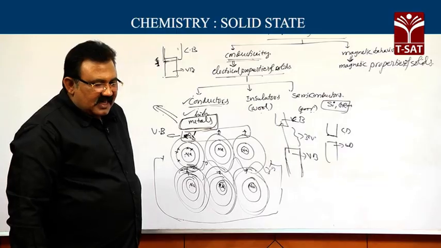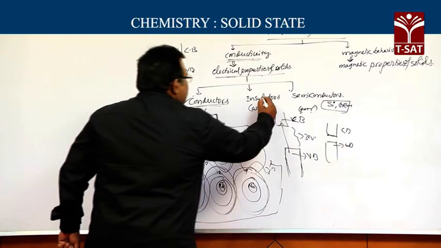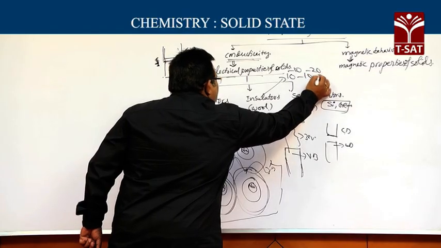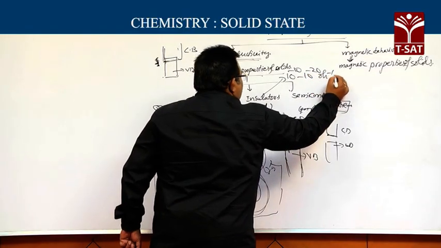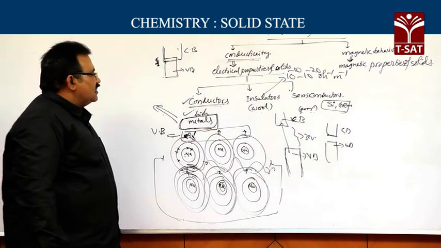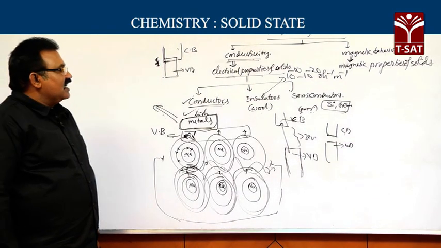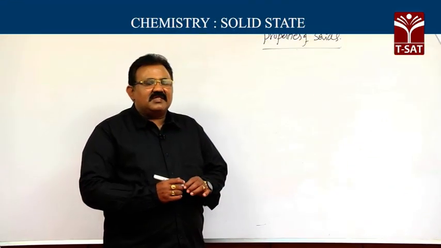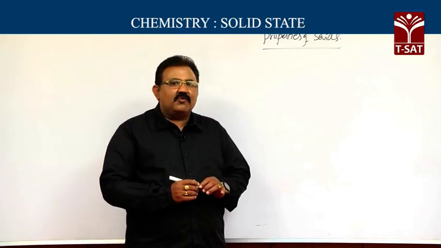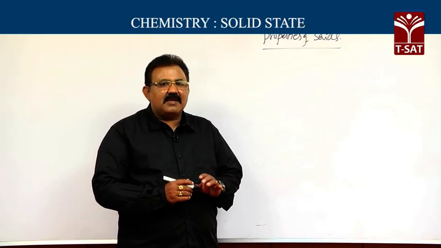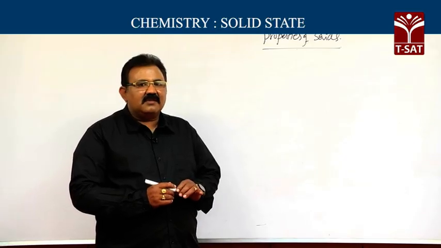The insulator's conducting ability is 10 power minus 10 to 10 power minus 20 ohm inverse meter inverse. Insulators have very little conducting ability. As I already said, semiconductors have poor conducting capacity, because there is a large gap between the conduction band and valency band.